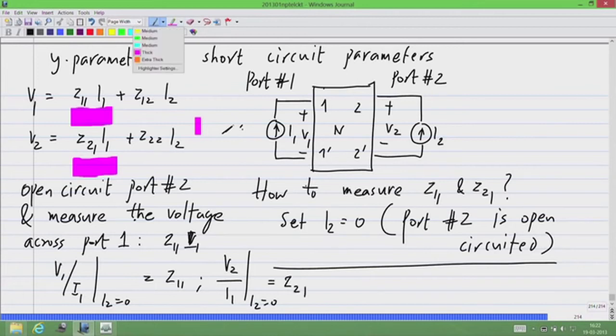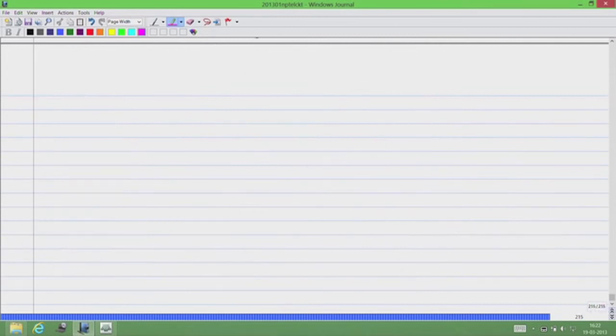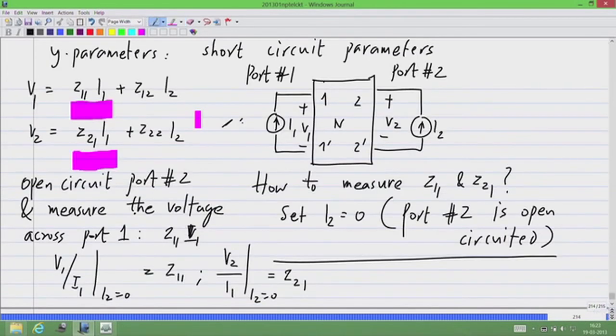Okay. How much voltage appears across port 2 when a current I1 is applied to port 1, that is Z21. Okay. Similarly, we can easily see that Z12 is V1 by I2 with I1 equal to 0, that is port number 1 open circuited, and similarly Z22 is V2 by I2 with I1 being 0.